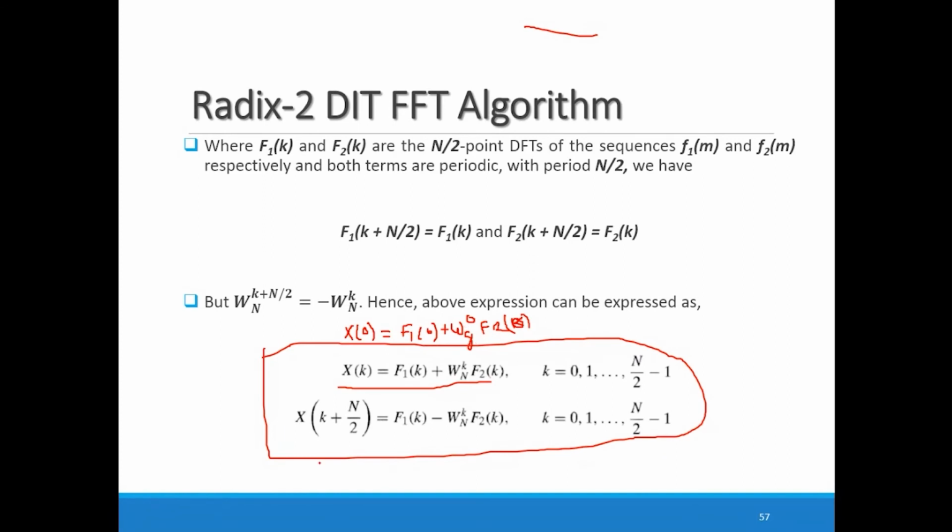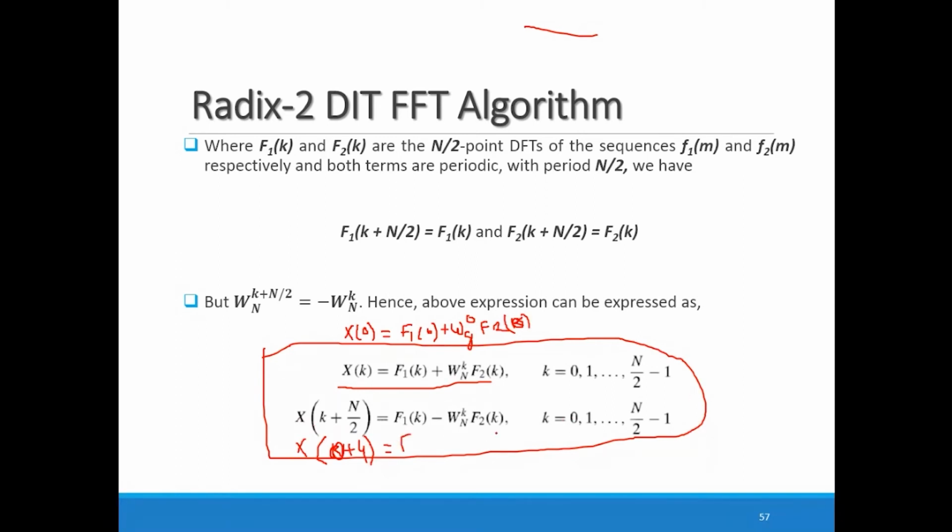Now for the second value, x of k plus n by 2. For example, we are taking n equal to 8 over here, so 8 by 2. So here you require k plus 4. Again, for example, I am taking k equal to 0. So what you get? X of 4. Here k is in incremental order.